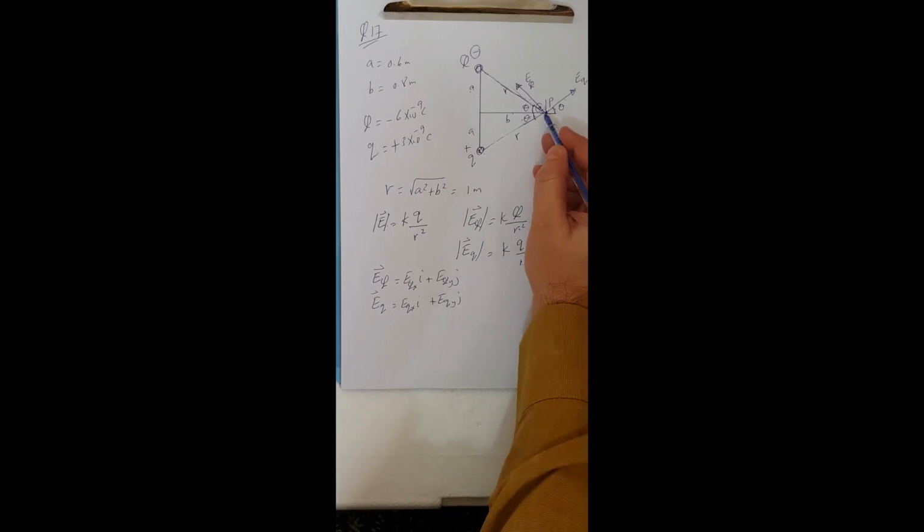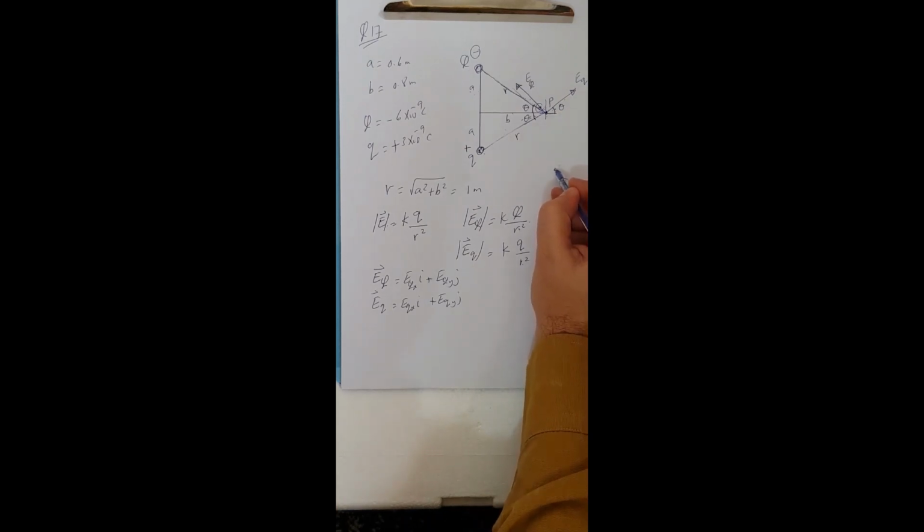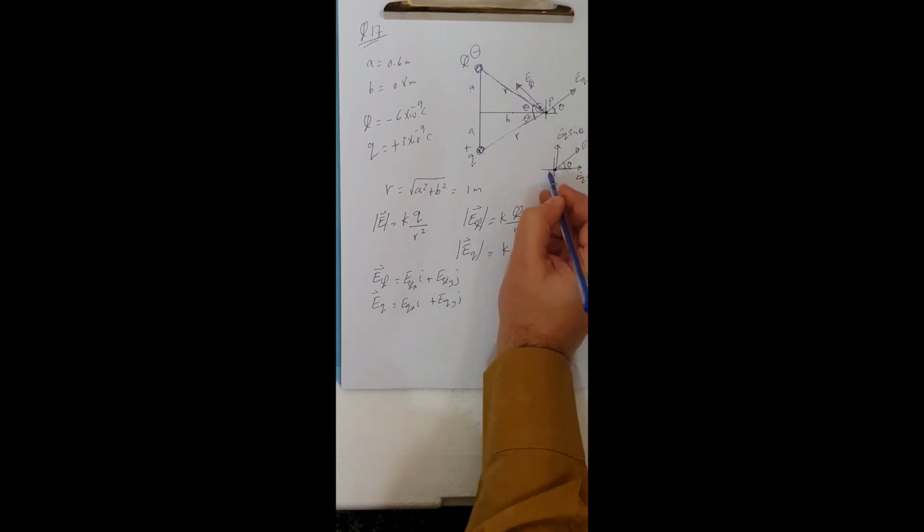If I want to draw the components here, you can see E_Q has two components. If I remove them here, this is point P. This E_Q will have E_Q cosine theta, and if I think of this theta, E_Q sine theta.